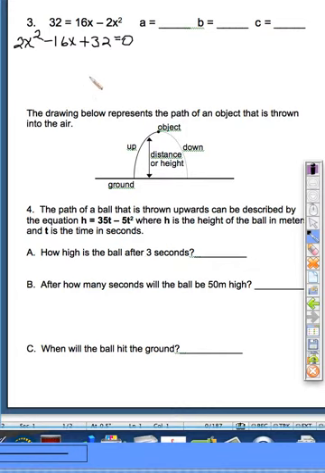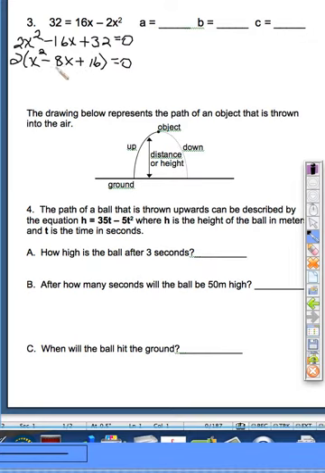Now, to make this easier for our a, b, and c, and to work with smaller numbers, we can factor out a 2. We have a greatest common factor of 2. We don't have to. You certainly don't have to do the work, but you can. So we have x squared minus 8x plus 16 equals 0.